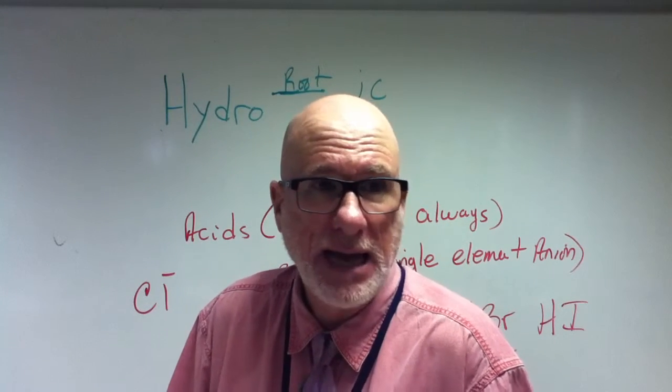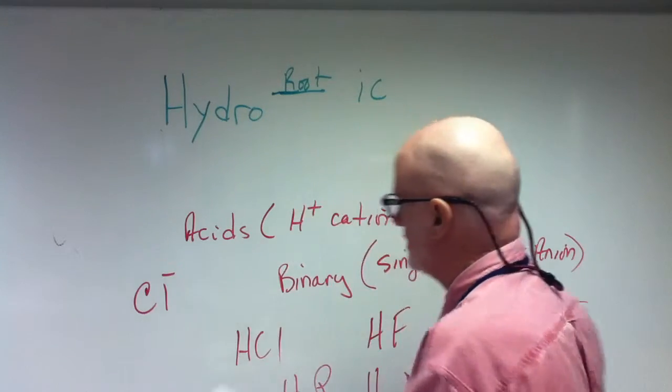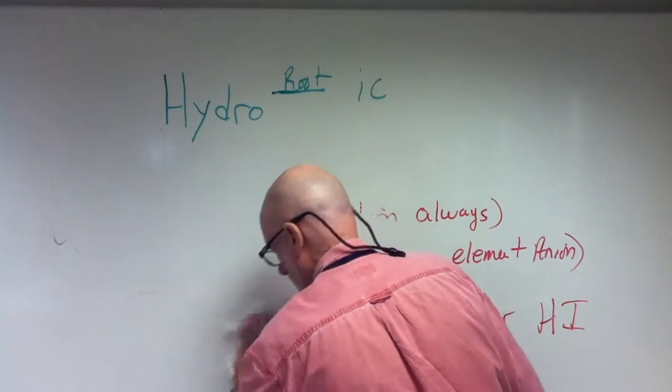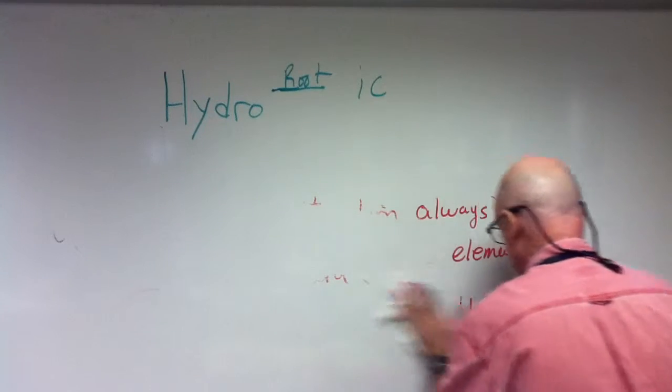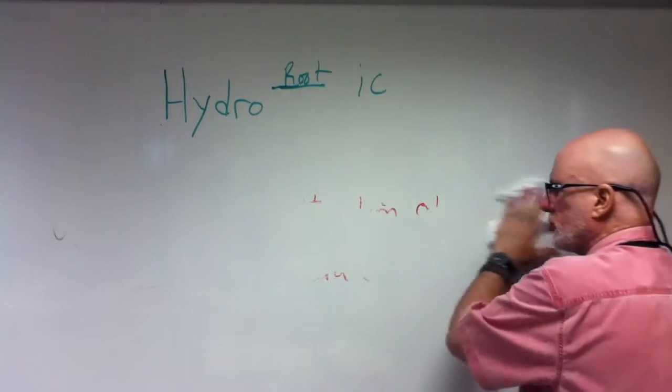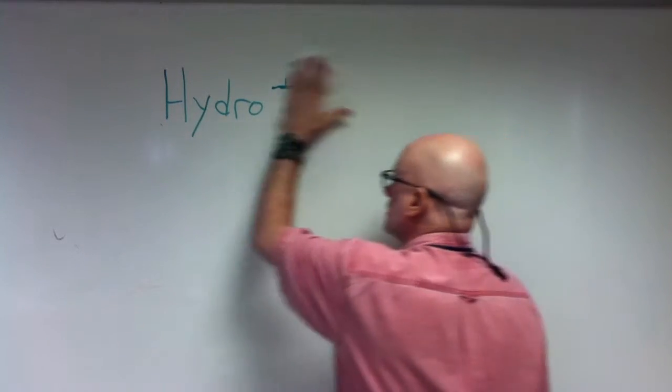Now, the other kind is ternary acids. Ternary acids, there are far more ternary acids than binary acids. This is how you do it.